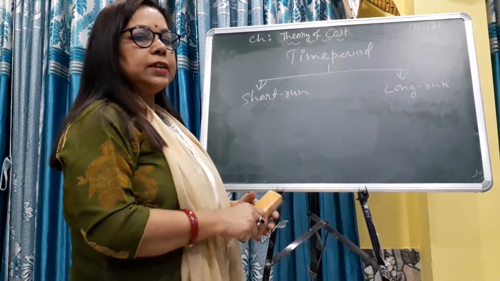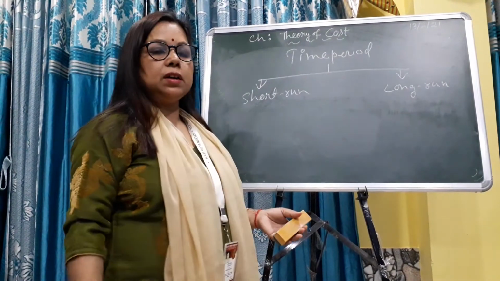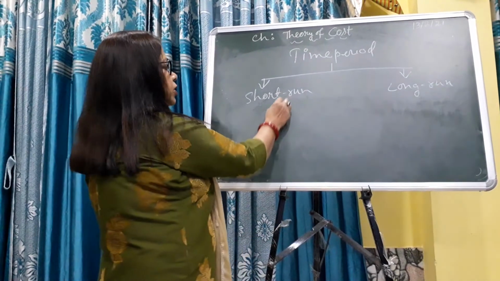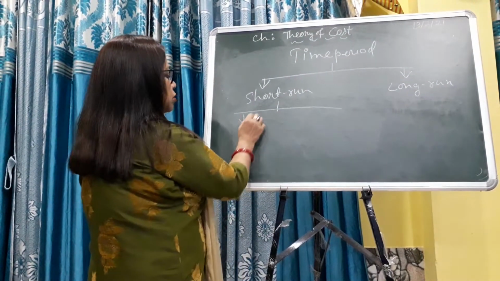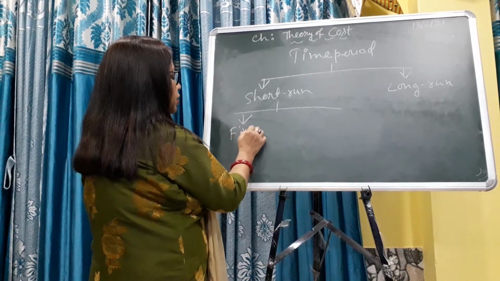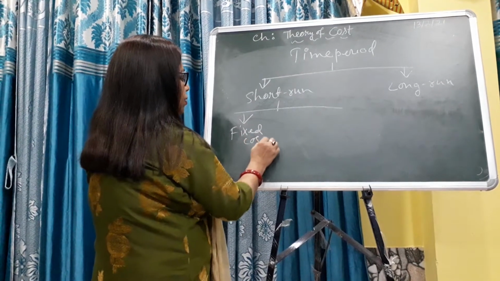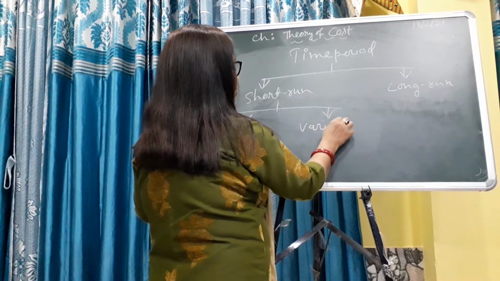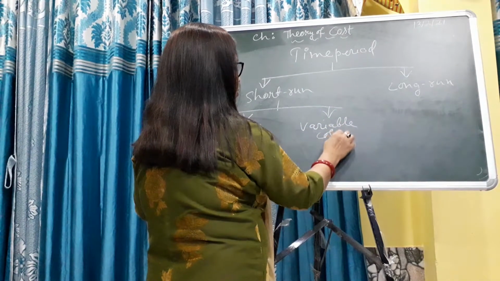So what is short run? In the short run, we have two types of cost: fixed cost and variable cost.